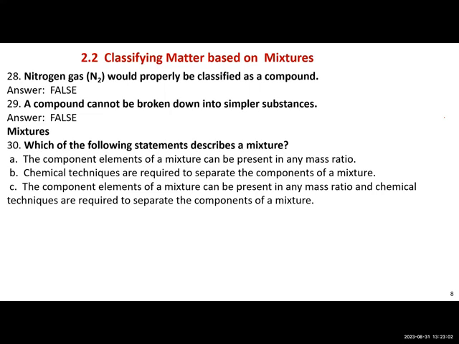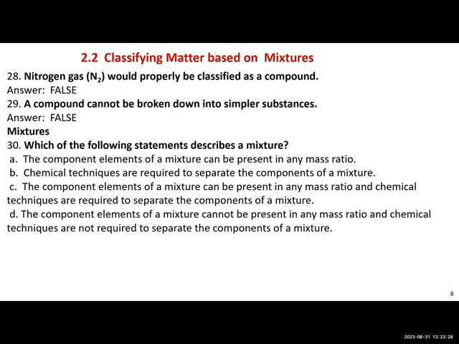But the second part, chemical techniques are required to separate the components of a mixture, is not right. It's physical. Therefore, the second half of the statement is false. True and a false combined become a false statement. Therefore, C is not the answer.